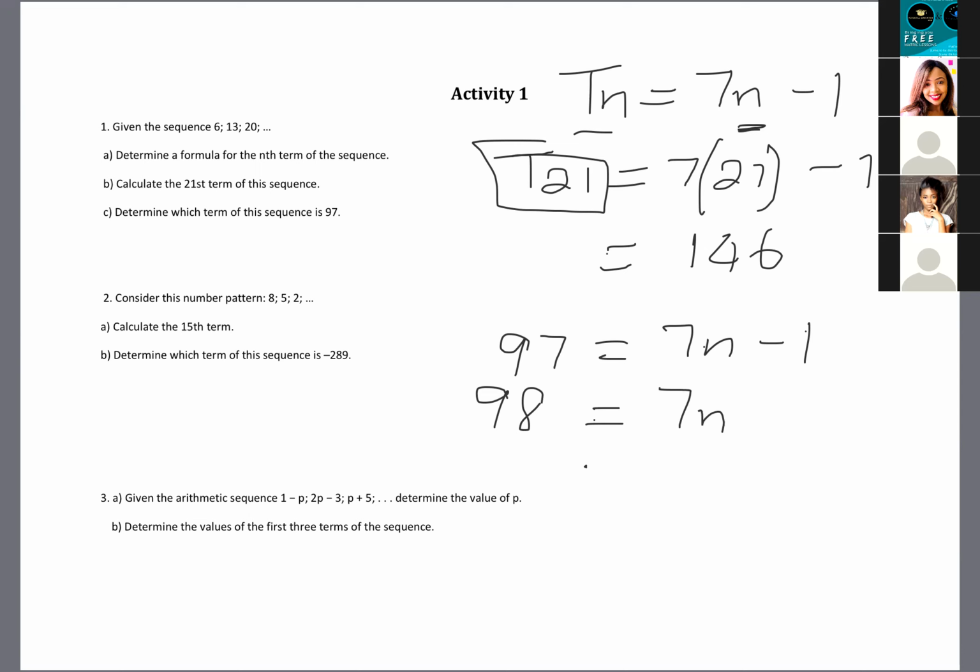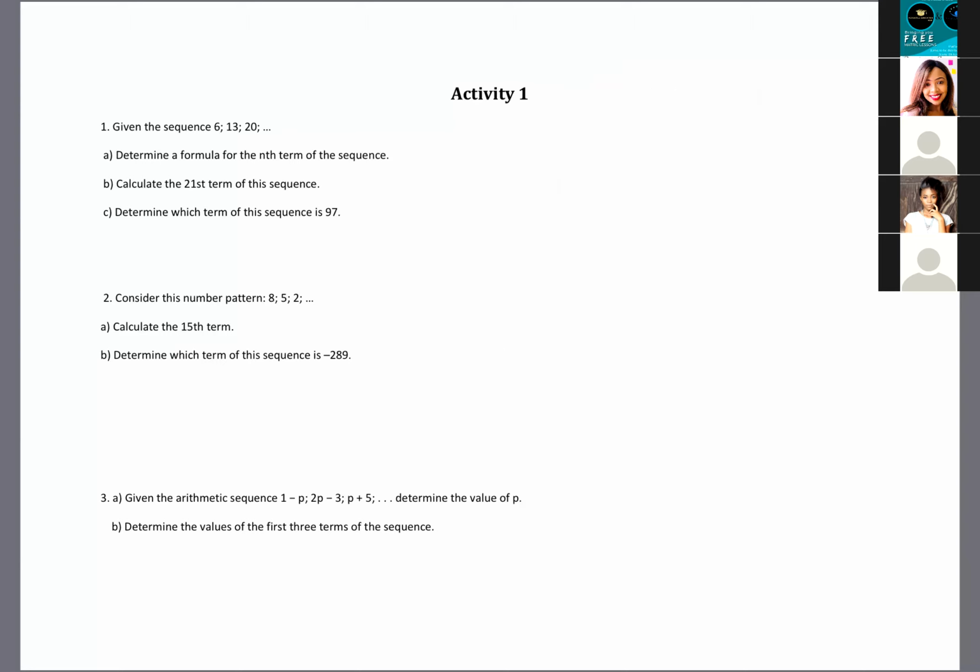And then you just divide by 7 on both sides. So I'm going to say 98 divided by 7, and that's going to give me 14. Did you see it? Yes, ma'am. Okay, great. Okay, now let's go to question 2.